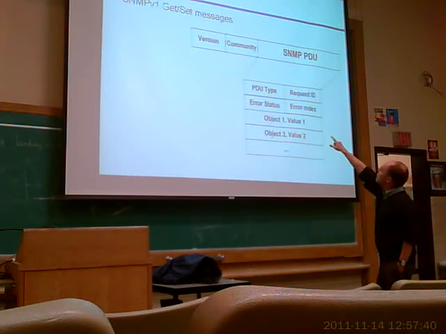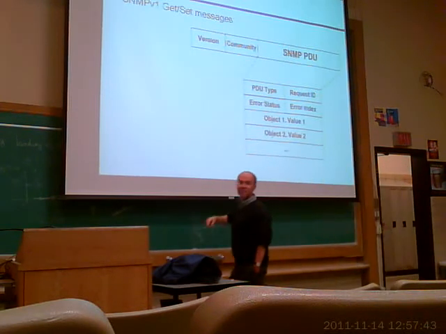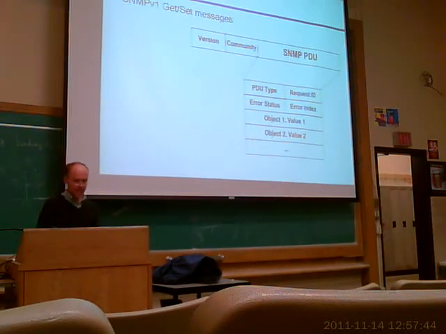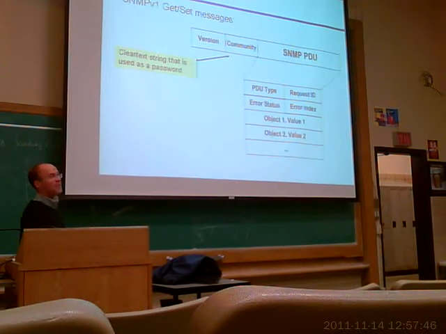You see there's the version, and there's the community string, that's the password. So that's the clear text string. And it's ridiculous. I don't even know what to say. Not only do you send it in clear text, it's also sent in each query. That was a different time, obviously.